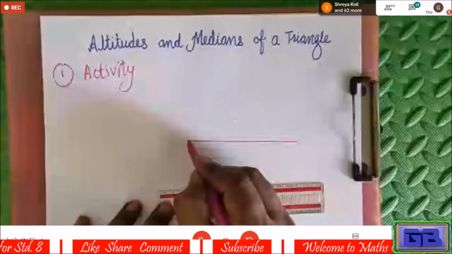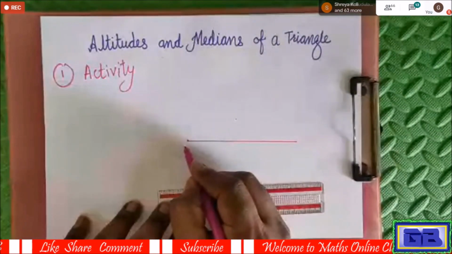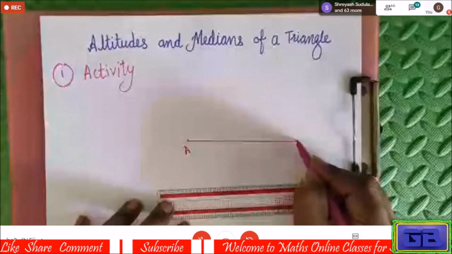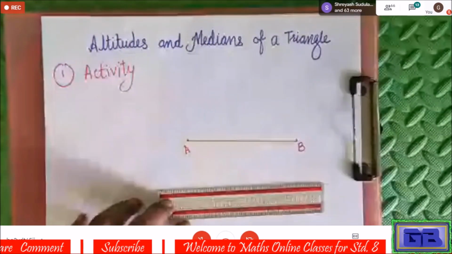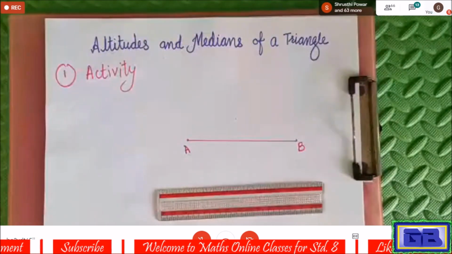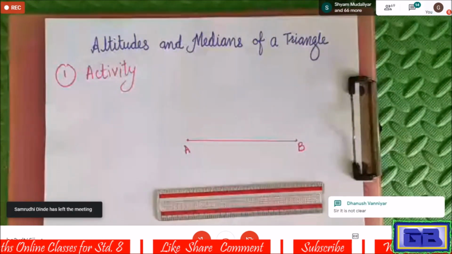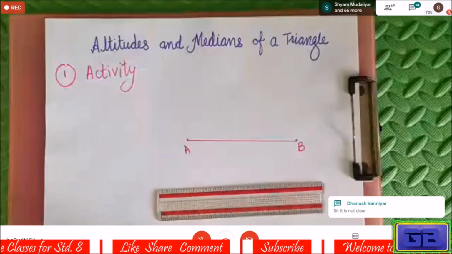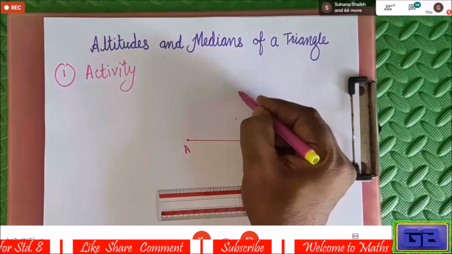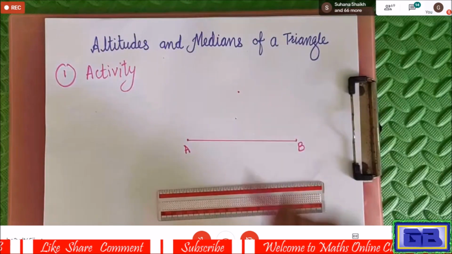Draw one segment AB with any measures. Take one point outside this segment AB. I have taken your point.